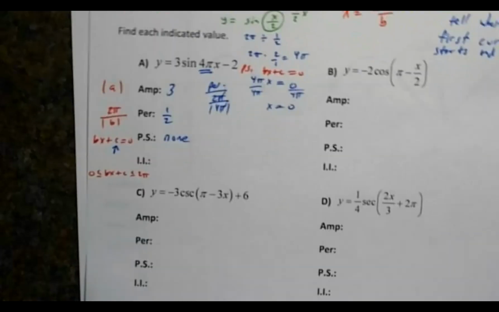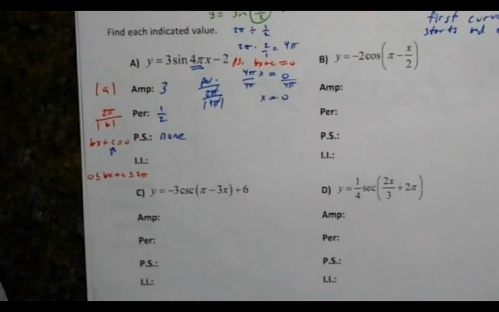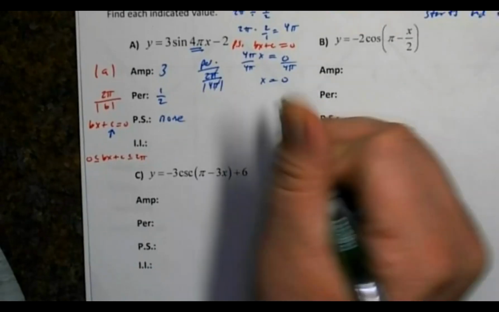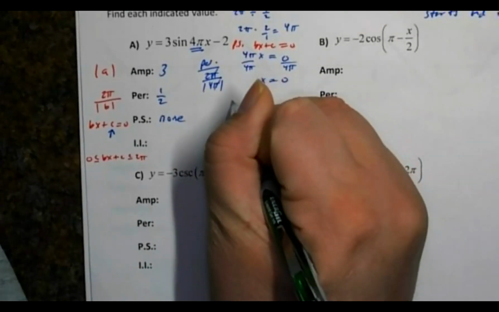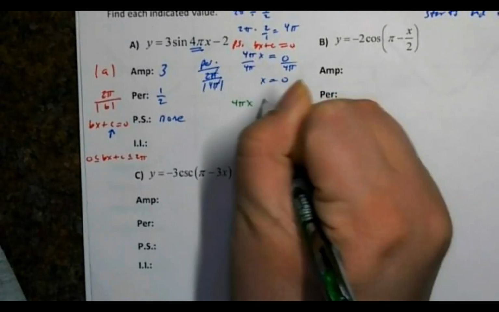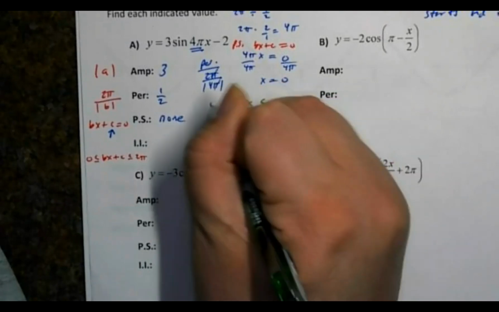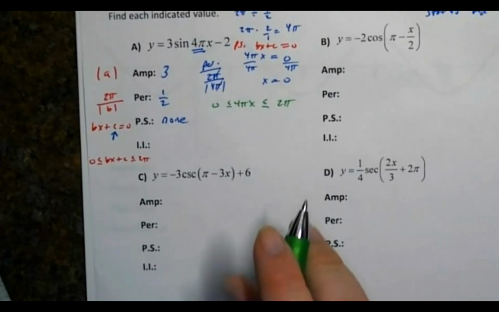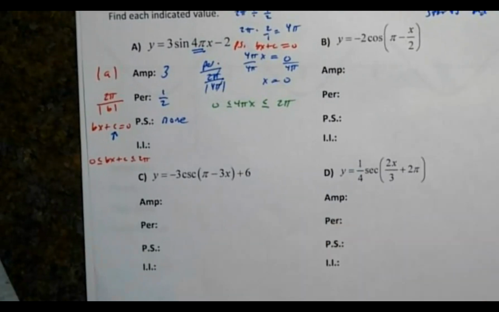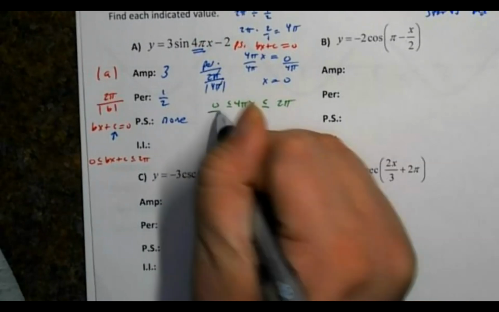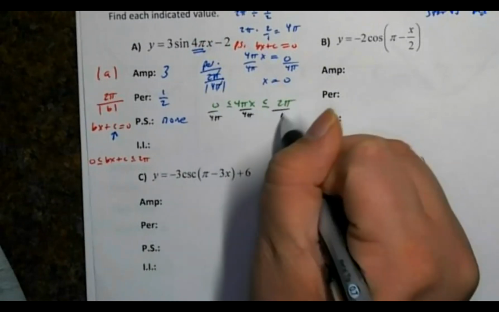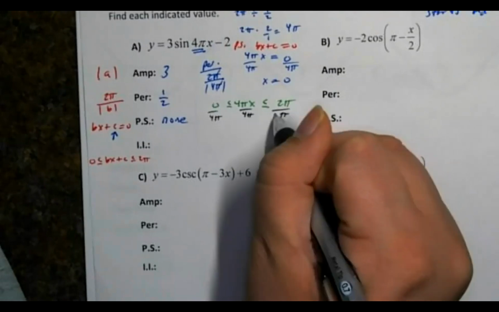Okay, initial interval. For the initial interval, I'm going to do this one in green because it's going to be a little bit more work. I'm going to take 4 pi x and set it between 0 and 2 pi. I'm going to divide all sides by 4 pi, because the whole point is I want to isolate x.